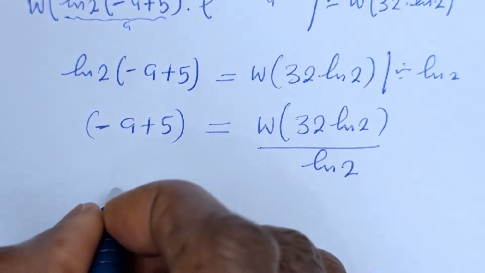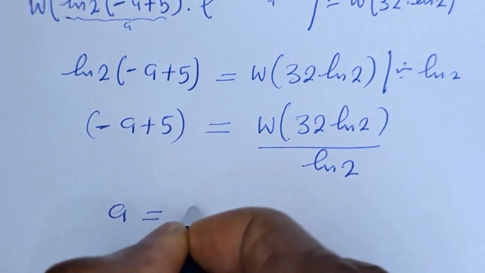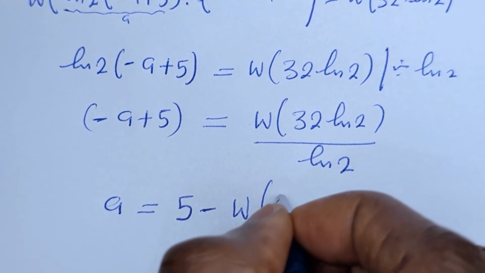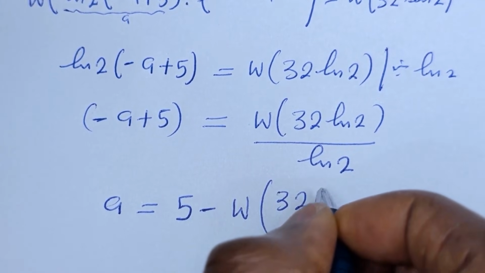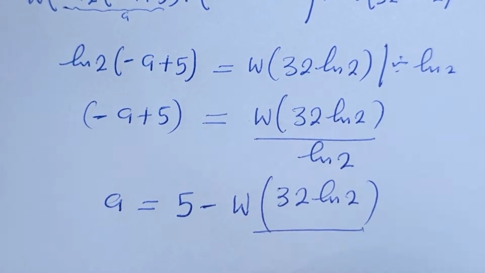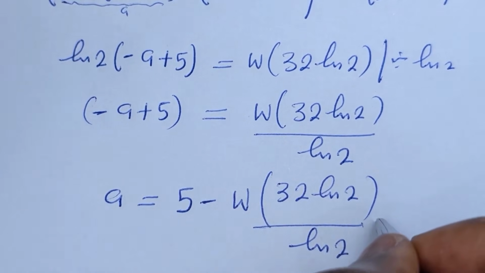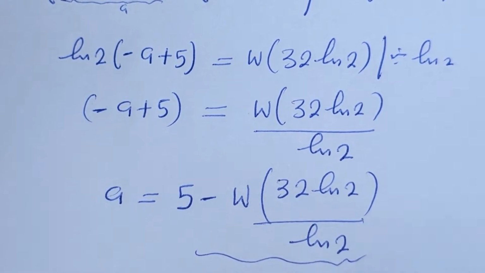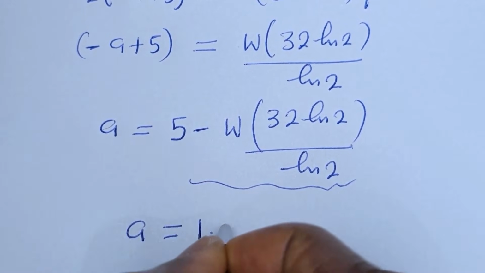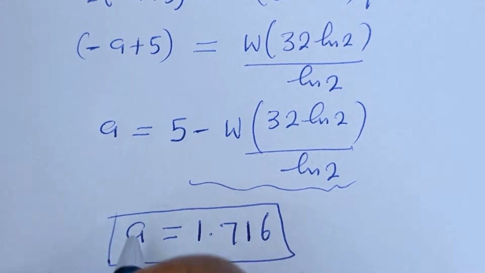Then from here, we are looking for the value of a. a is equal to 5 minus W of 32 ln of 2 divided by ln of 2. And if you press your calculator very well, the whole of this is a is equal to 1.716, and this is the final answer.